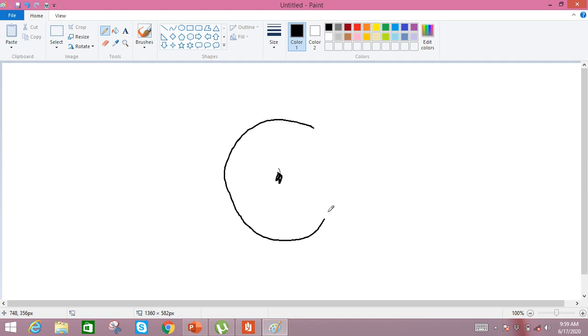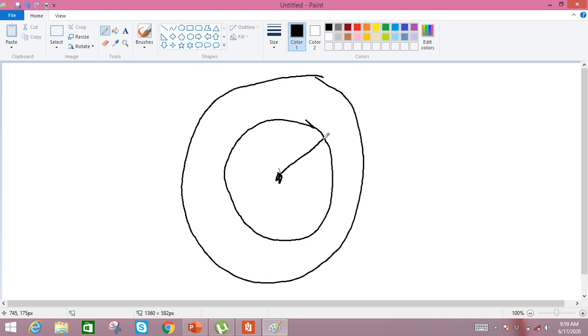I am taking one circle and another circle. The radius of the inner circle is RA and the radius of the outer circle is RB, and we are calculating the potential difference between these 2 points.